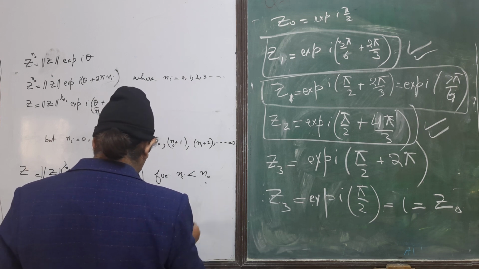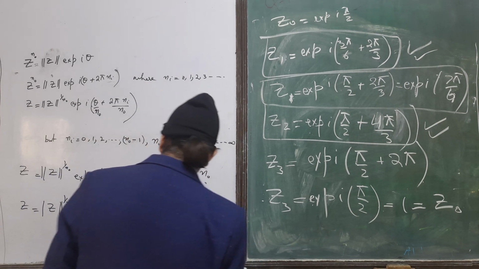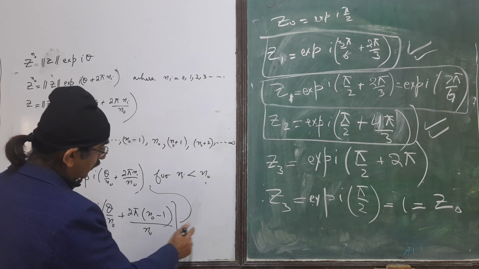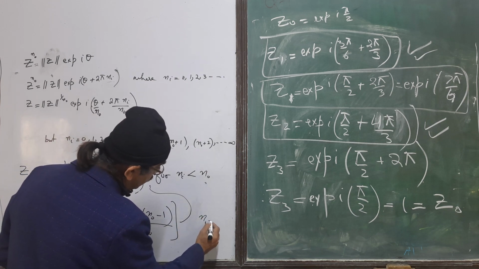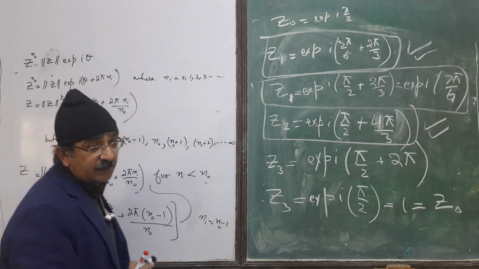Okay, the same. This also comes in. Ni is N minus 1 and not minus 1.